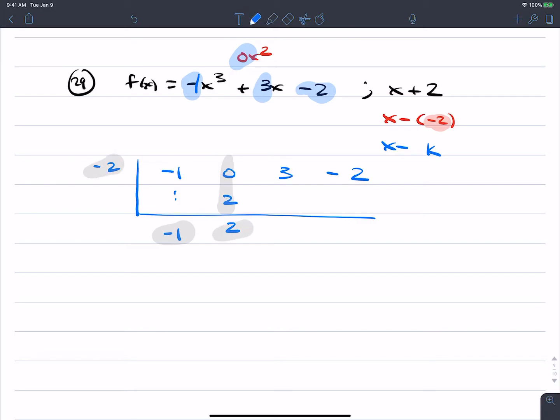Negative 2 times 2 will give you negative 4. 3 plus negative 4 is negative 1. Repeat the process. Negative 2 times negative 1 is positive 2. Negative 2 plus 2 is 0. So here, our remainder is 0.